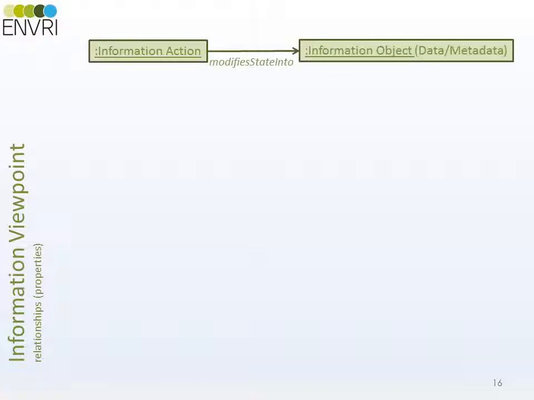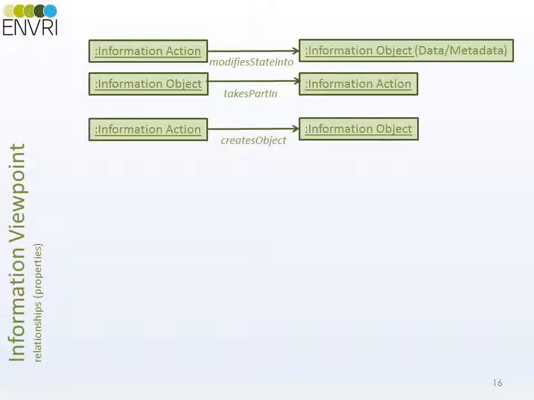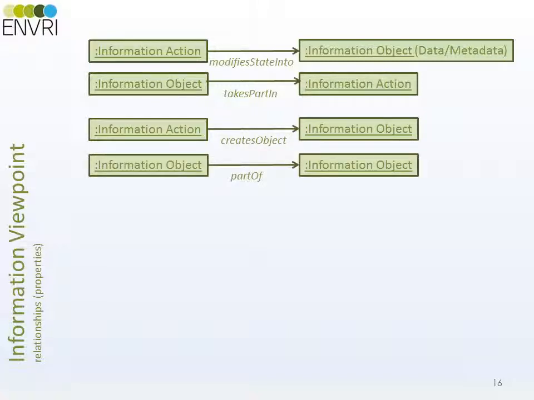An information action can modify the state of data or metadata objects. An information object can take part in an information action. An information object can create new objects. And it can be part of other information objects.